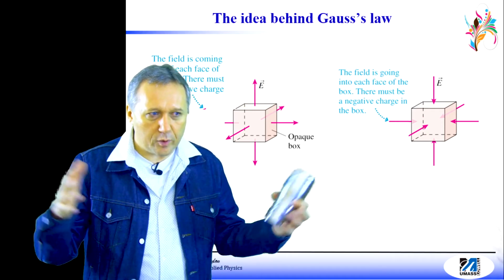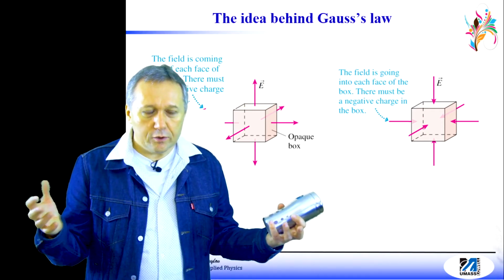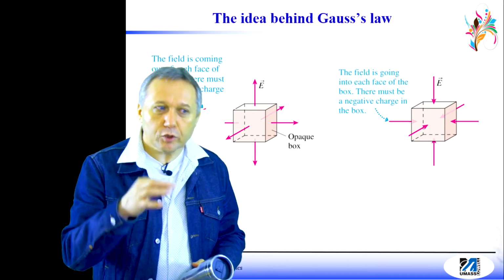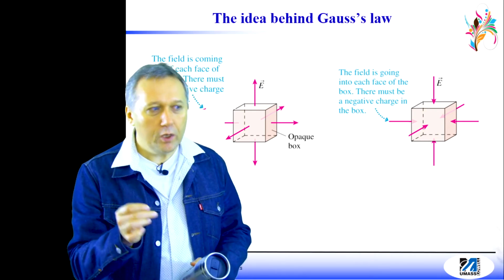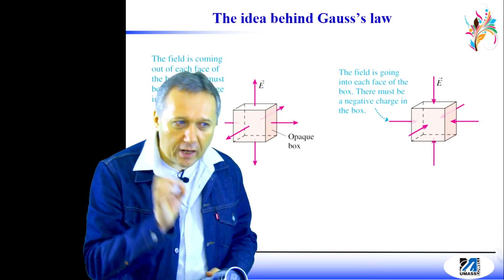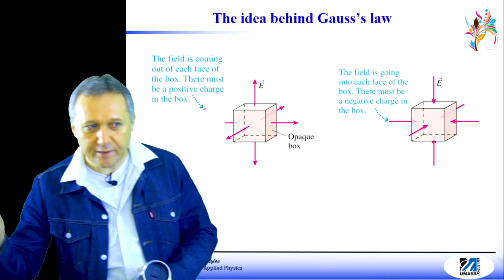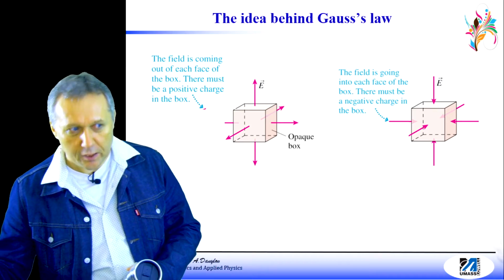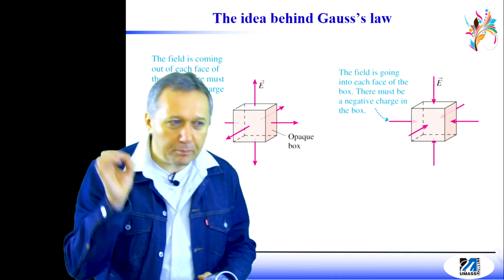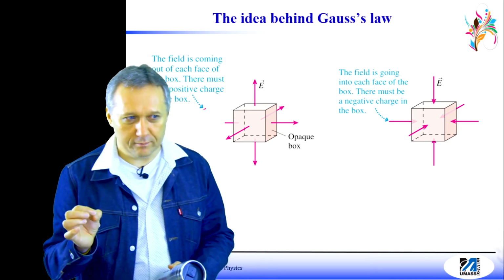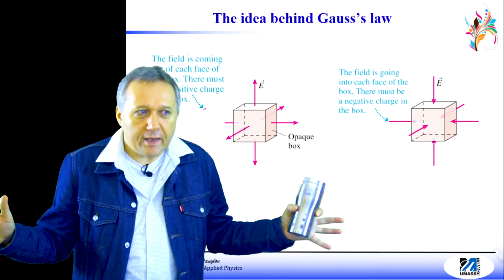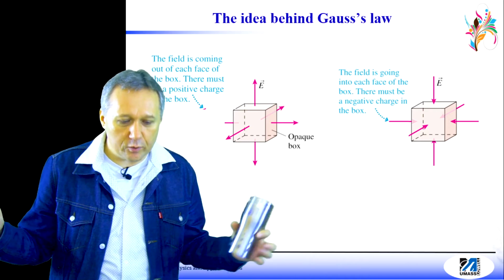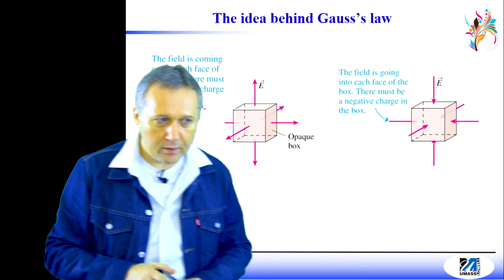So in order to introduce Gauss's law, the first thing we need to learn is how to count electric field lines crossing a surface. We need to introduce a completely new tool to do that, because right now we have no idea what that is. For most of you, you hear about this for the first time.